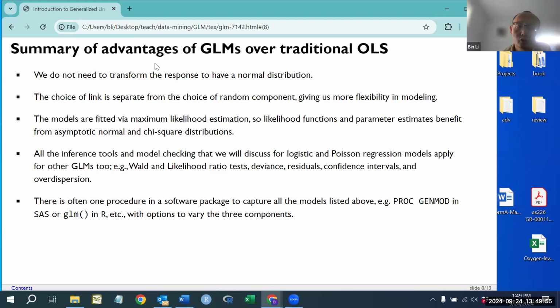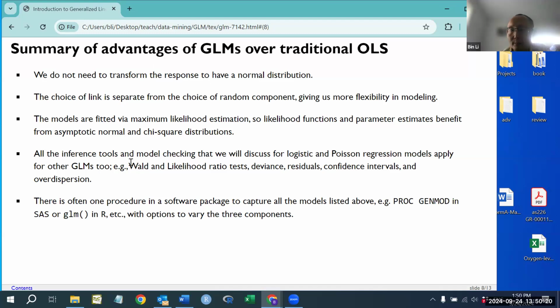And all the inference tools and the model checking for the GLMs are all the same. That's why we need the random component to follow an exponential family. So that unifies the inference approach and the diagnostic approach.